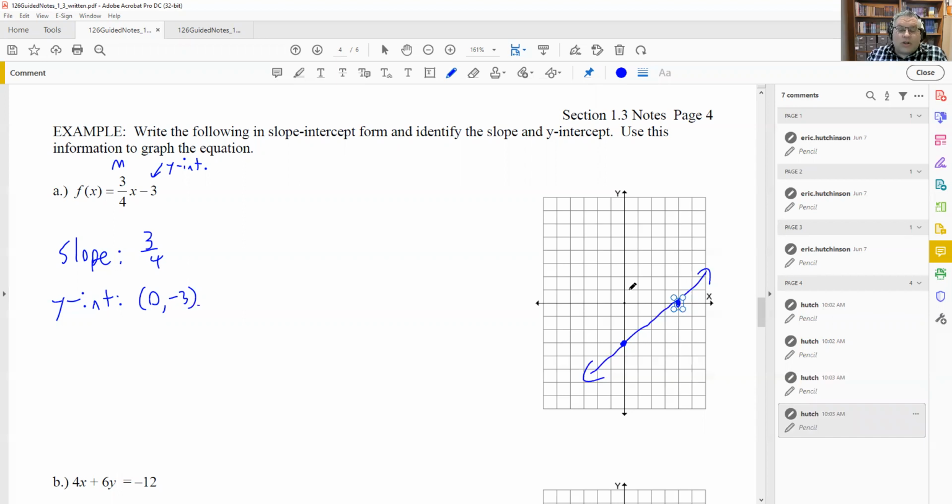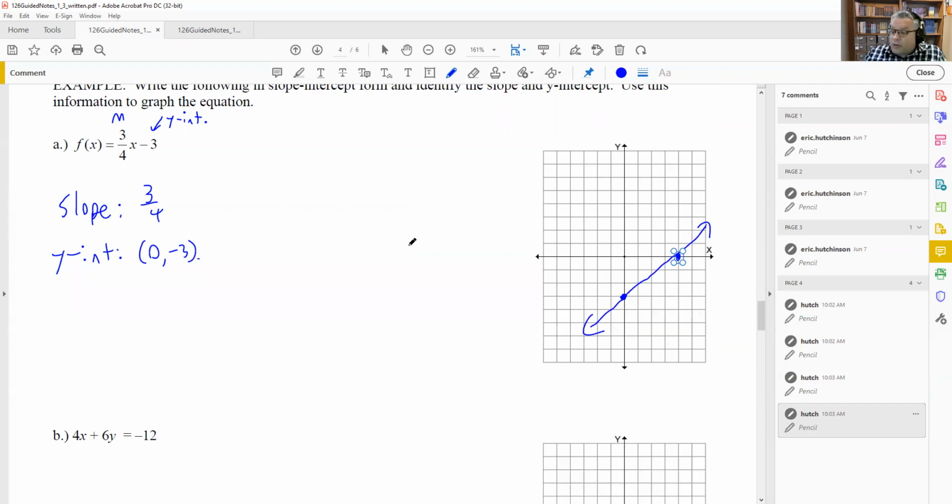Now, when you do these in My Open Math, I want to point something out, because a few people asked questions about the graphing tool. When you look at the graphing tool in Lumen, you're going to see a couple of different tools. One looks like a line with 2 dots, and you'll also see a dot tool. When you graph this in My Open Math, you don't want to use the dot tool.